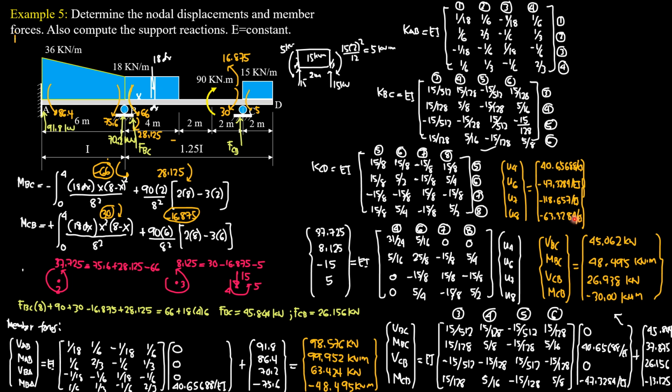Then we can now compute the member forces for AB. So we copy the stiffness of AB, which is this. Then the displacements, delta A 0 because that's fixed. Theta A is 0 also. Delta B 0 and theta B 40.65688 over EI.